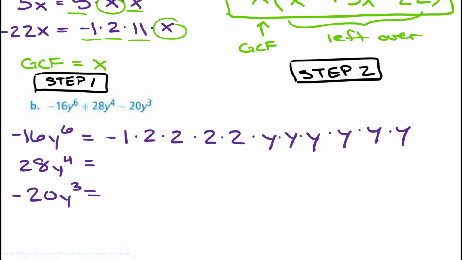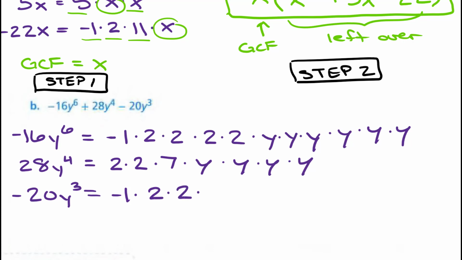And then for my 28, this is 4 times 7, and 4 is just 2 times 2, and then times 7. And then here I've got 4 y's. And then negative 20, I have negative 1, and 20 is 4 times 5, so 2 times 2 times 5, and then times y times y times y.